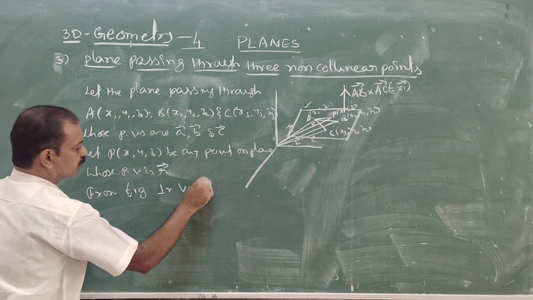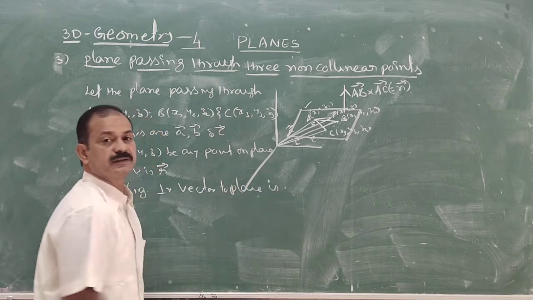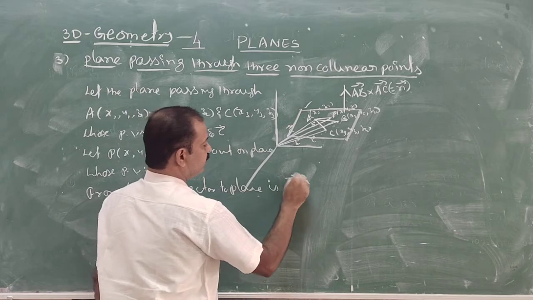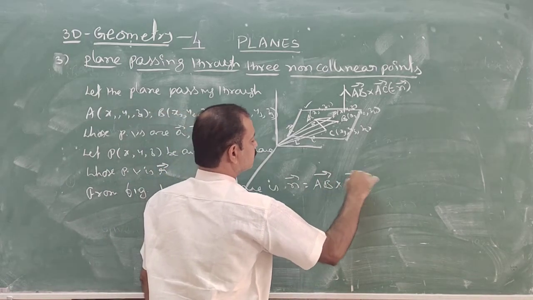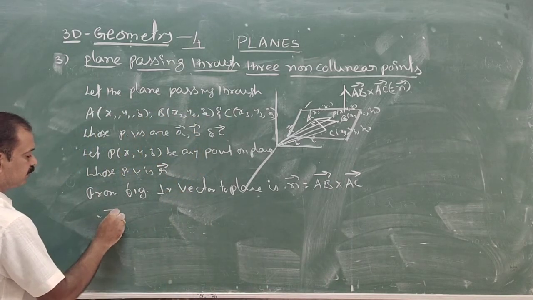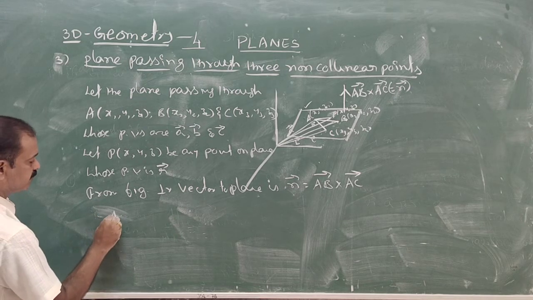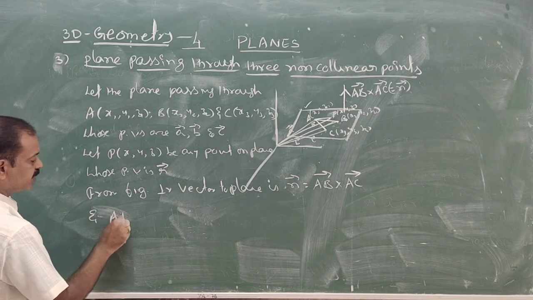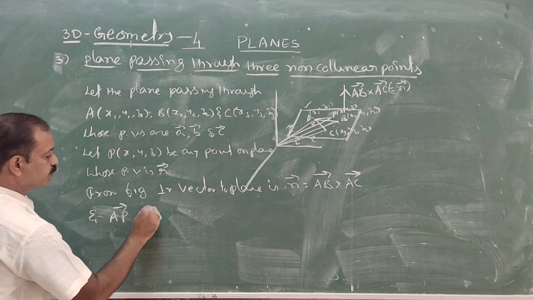Perpendicular vector to the plane is n equals AB cross AC. Therefore, AP is perpendicular to n.